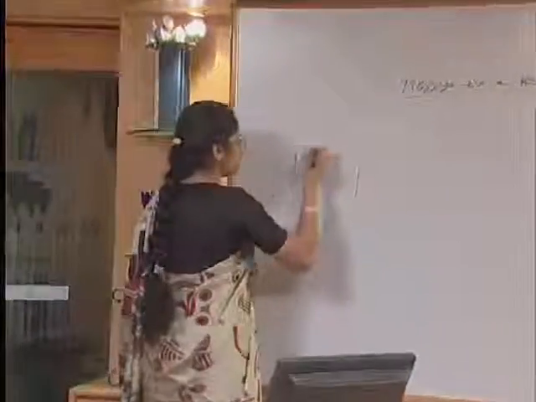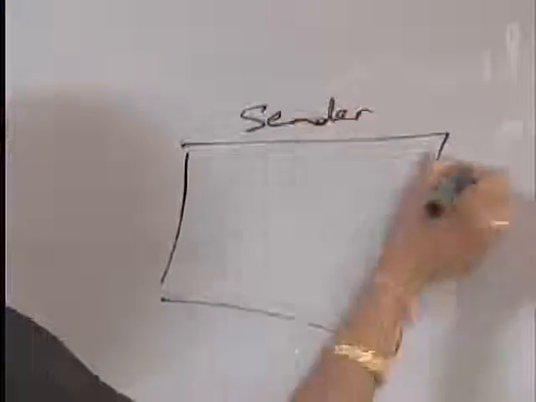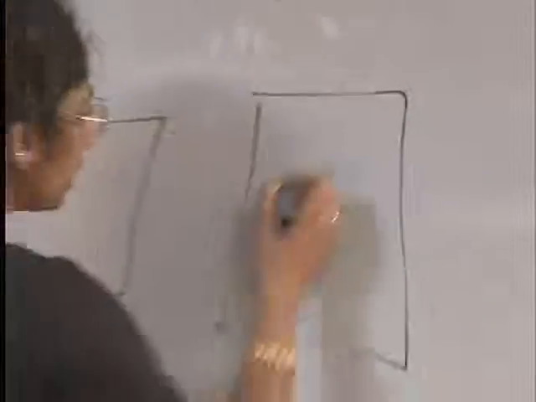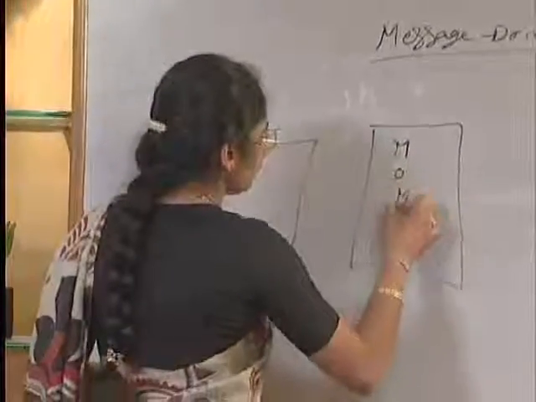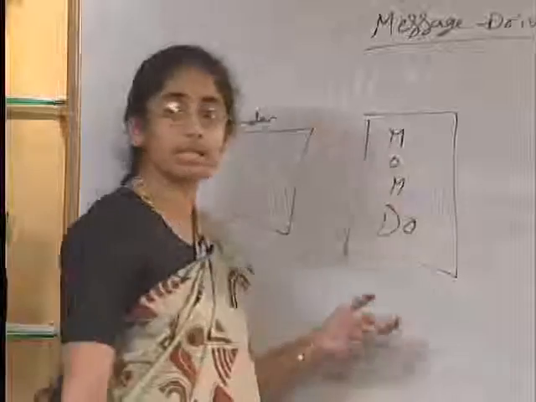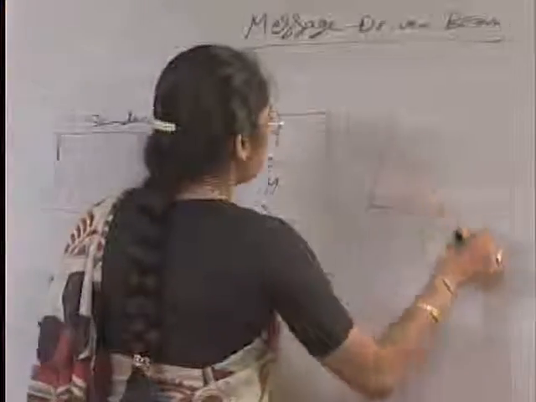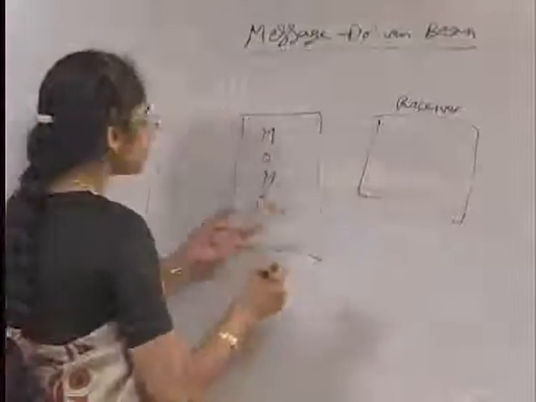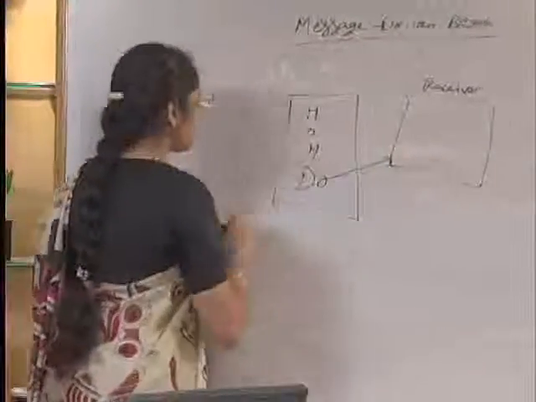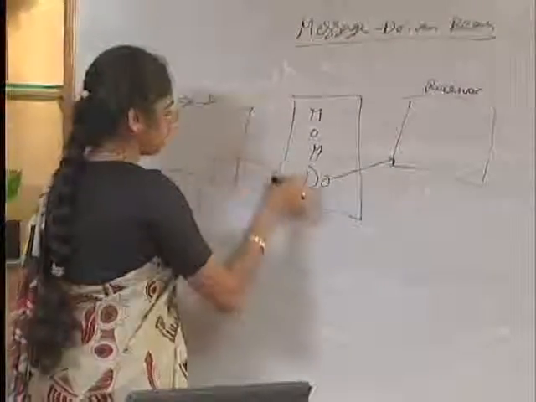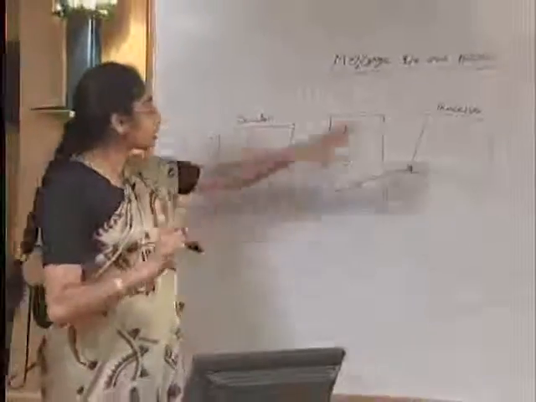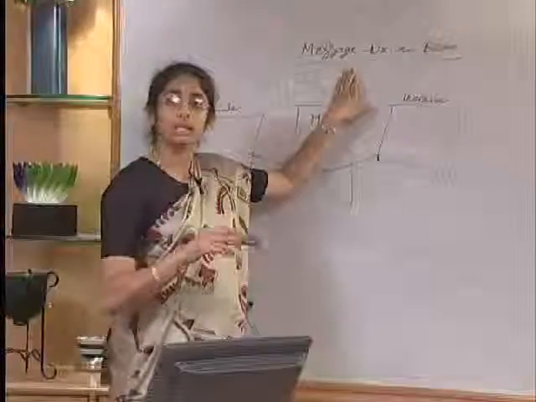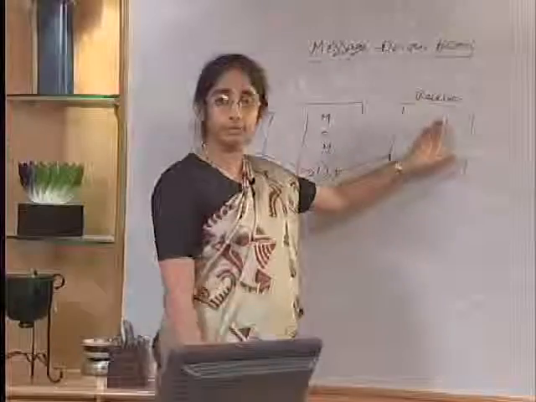We have a sender of a message. We have a MOM server where the destination object is residing. We have a receiver who receives the message from the destination object from the MOM server. Message driven bean is always written as a receiver.